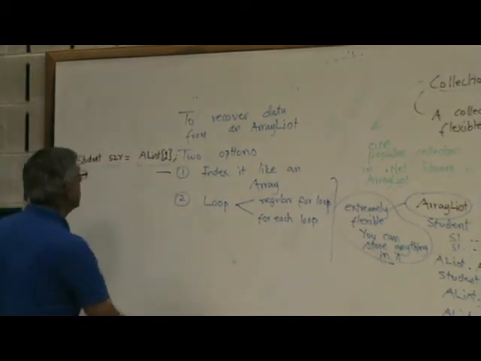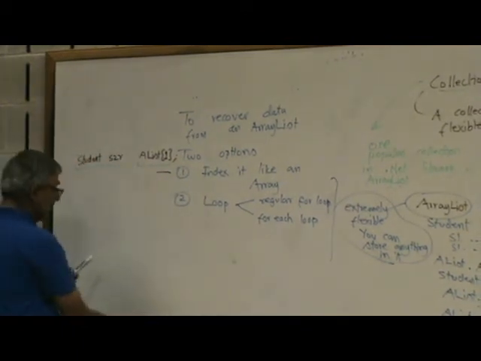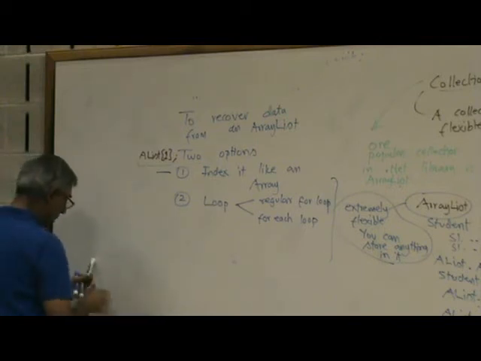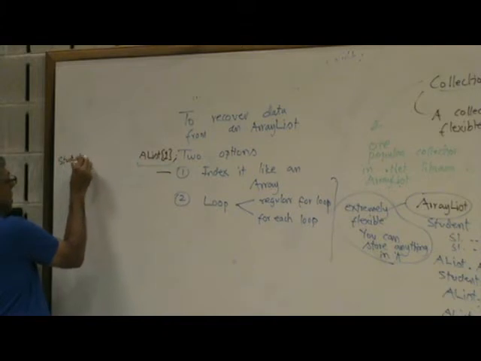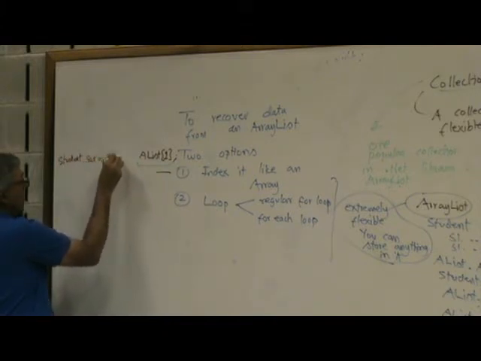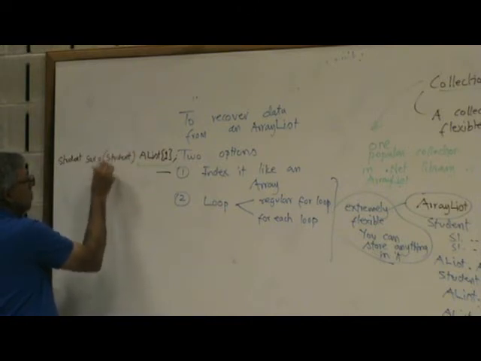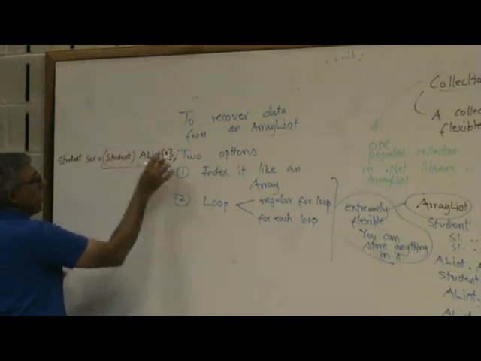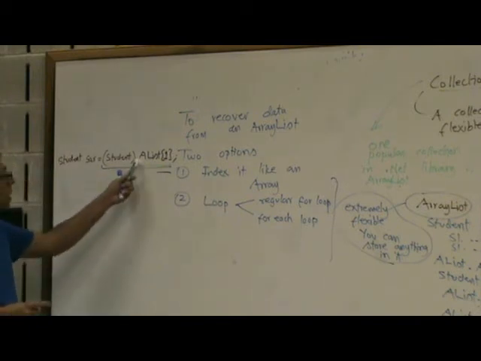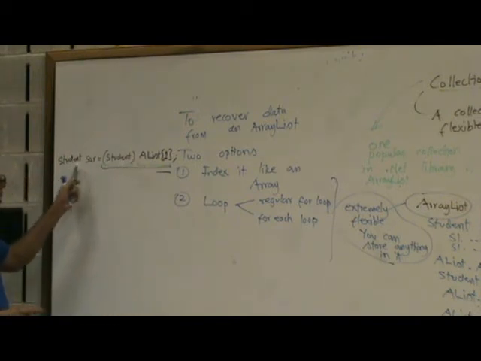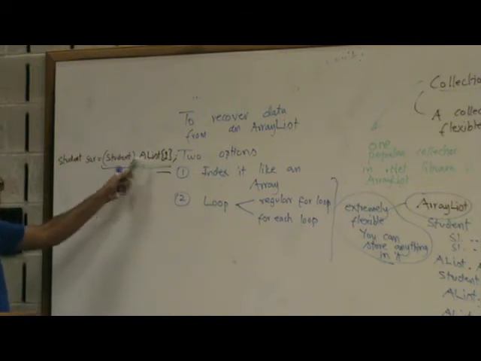So if you are certain, you could do something like this. You could say student S2R equal to student. So you could typecast whatever you read from a list of 1 to a student. If you typecast it, then the type of the right side is student, the type of the left side is student.